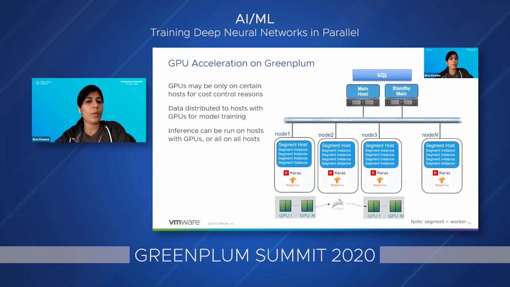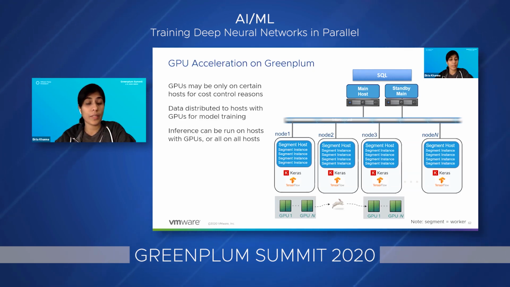So what we came up with was to take the power of MPP in Greenplum and combine it with the power of GPUs. As there is a lot of research going on in deep learning algorithms, and we have libraries like Keras and TensorFlow, instead of building the training algorithms from scratch, what we did was integrate these deep learning libraries to work with an MPP database.